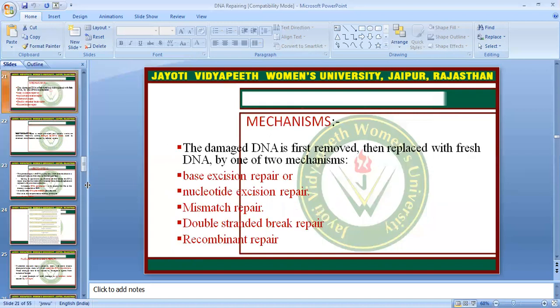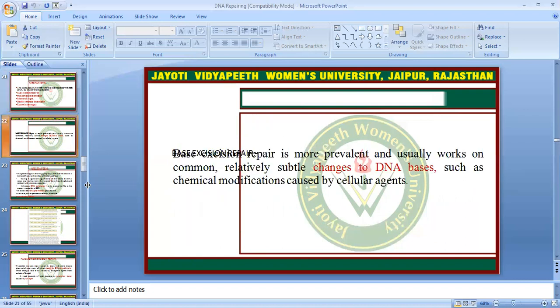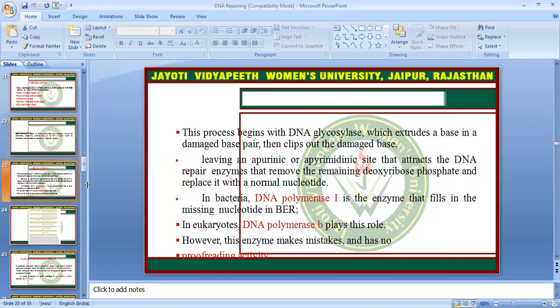The damaged DNA is first removed and then replaced with fresh DNA by one of several mechanisms: base excision repair, nucleotide excision repair, mismatch repair, double-stranded break repair, and recombinational repair. Base excision repair is the most prevalent and usually works on common, relatively stable changes to DNA bases, such as chemical modification caused by cellular agents.